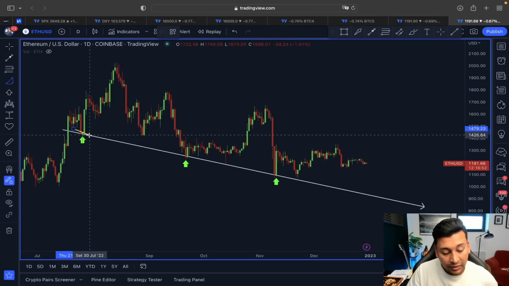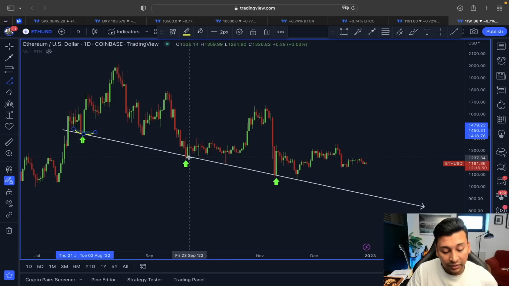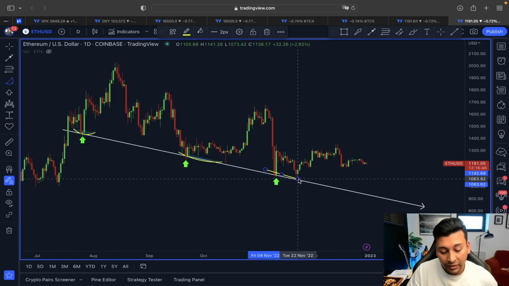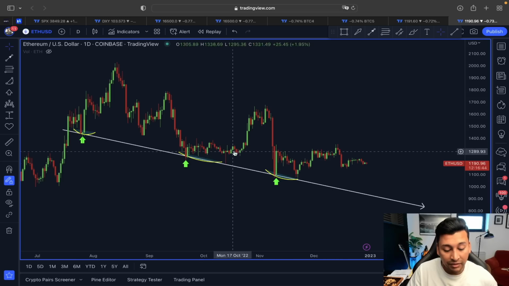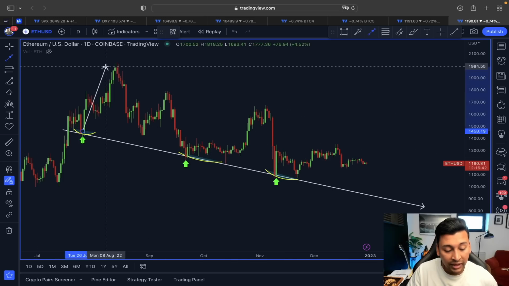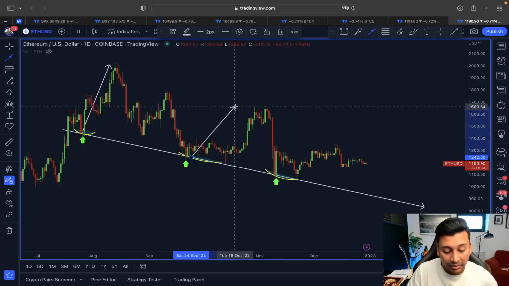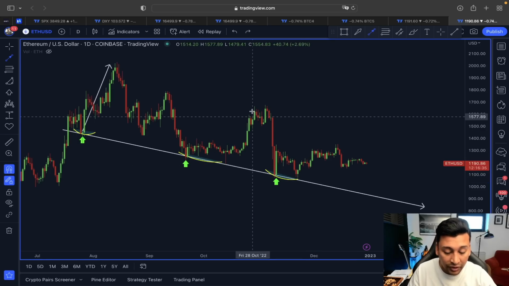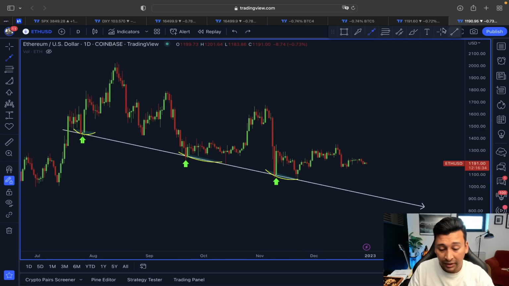The price after that has started with a very nice relief rally type of scenario, right? You can see each and every time we found support, after that we had a very nice relief rally type of scenario.